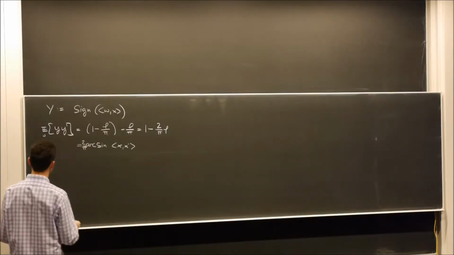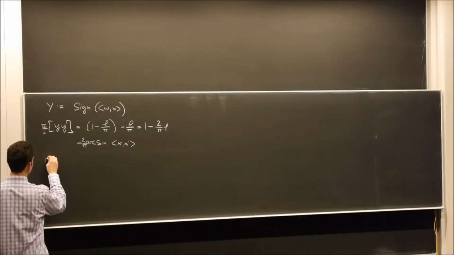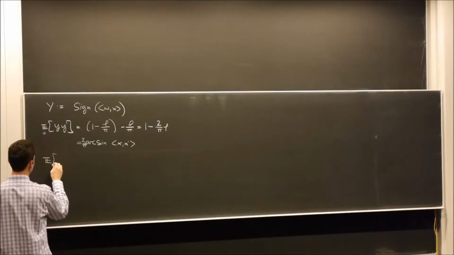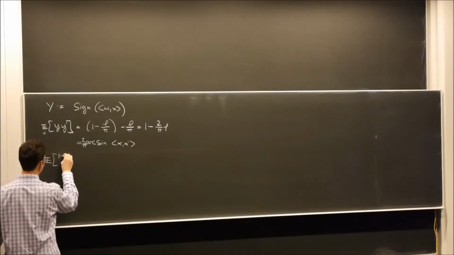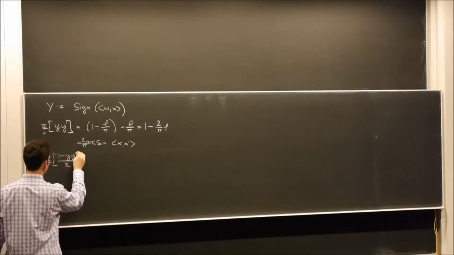Another quantity that we'll often care about is the following. The expected value of 1 minus y prime over 2.